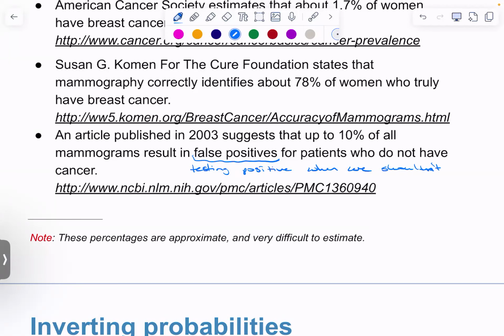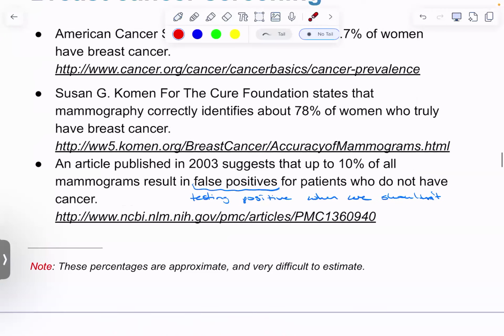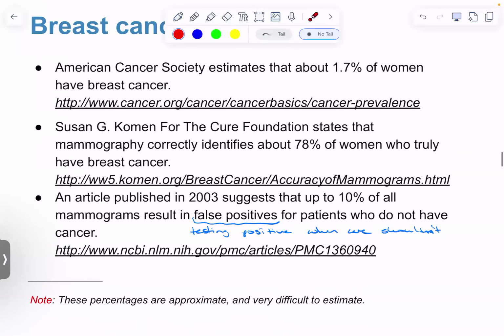Obviously, these percentages are approximate and kind of outdated, probably from 2003, but we're going to use these percentages to answer some questions. Now, the first thing we're going to do together is worth exploring, because it's on the test and on the final exam.